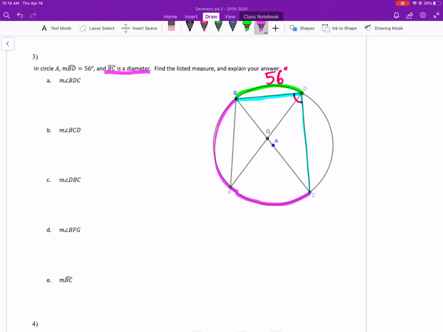That's us just using what they told us about the fact that BC is a diameter. All right, so that's 180 degrees. So this angle here, angle BDC, is 90 degrees because it's equal to half of the intercepted arc. The intercepted arc is 180, divide that by 2, you do indeed get 90. So let's fill that in as a right angle.